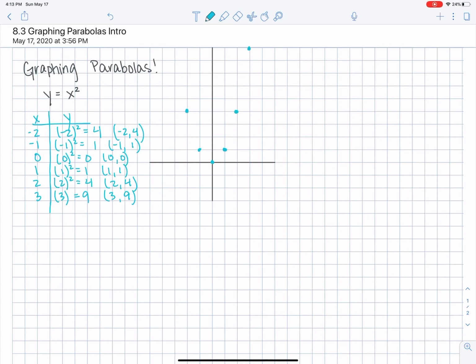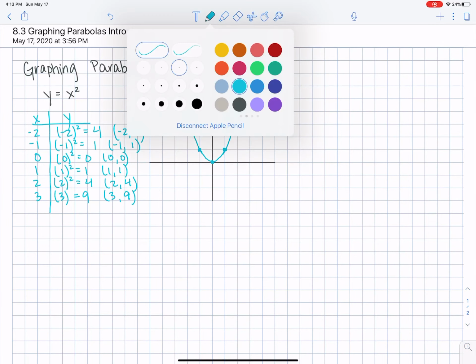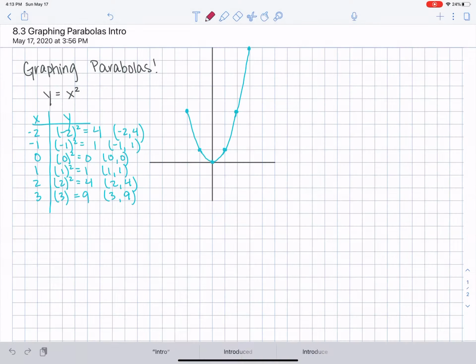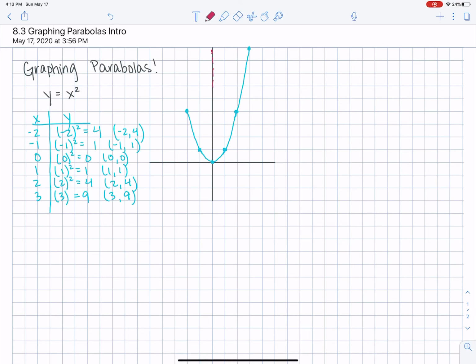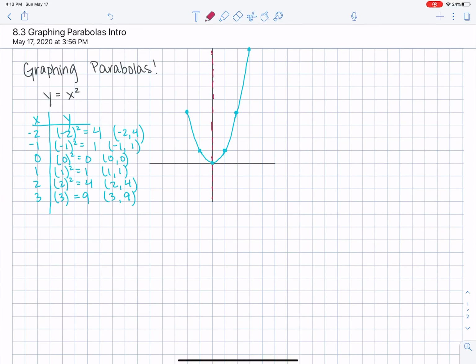Now, the reason I did that one is that you can start to see the shape of this parabola. And if you take your pencil and make nice, smooth curves that connect these points, remember, they're not lines, they're curves. You can see the shape of the parabola. Now, something that we learned about last week is that everything that's happening on one side of this axis of symmetry happens on the other.